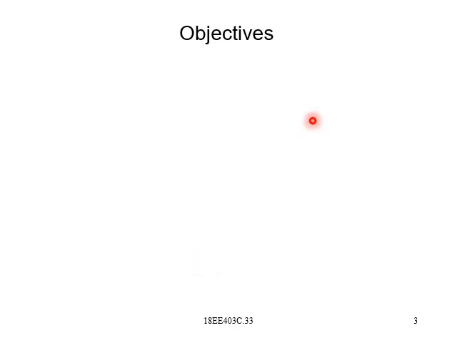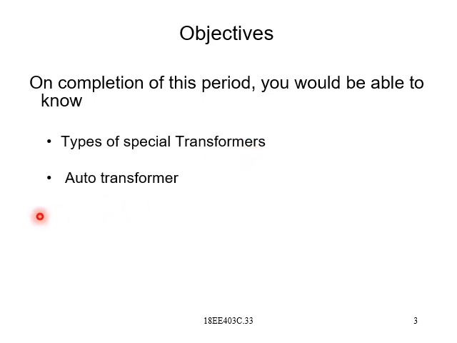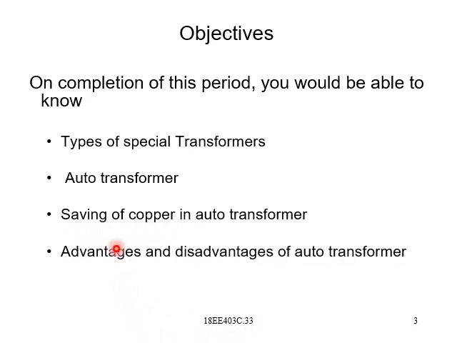And today's objectives are, on completion of this period, you would be able to know the types of special transformers, auto transformer, saving of copper in auto transformer, advantages and disadvantages of auto transformer, and finally the applications of auto transformer.